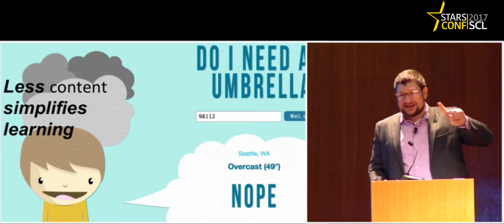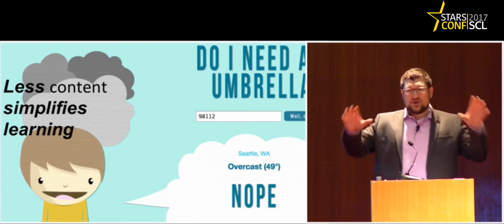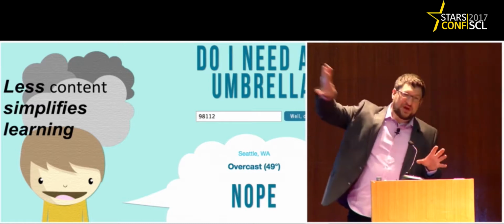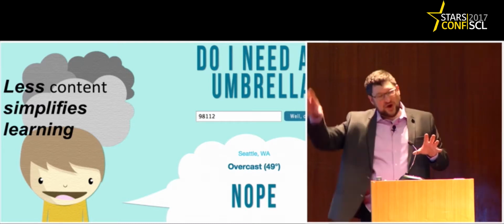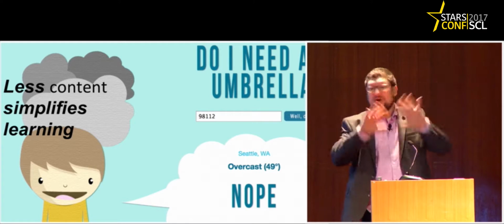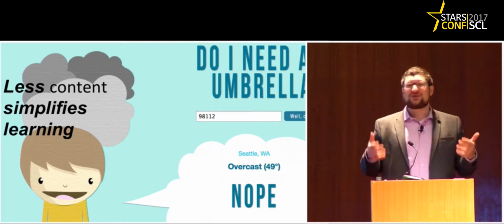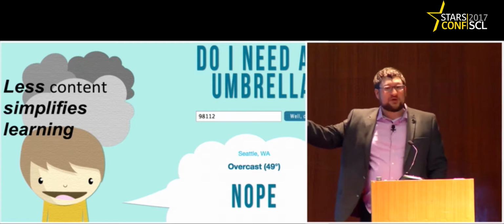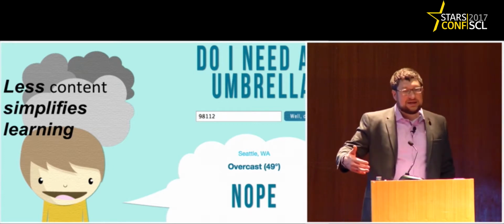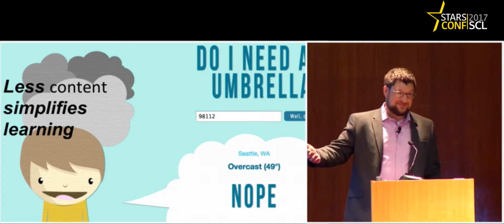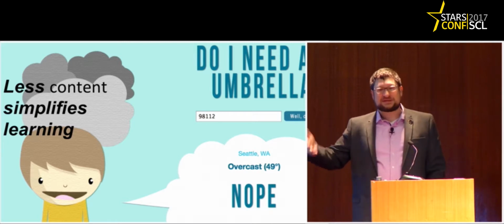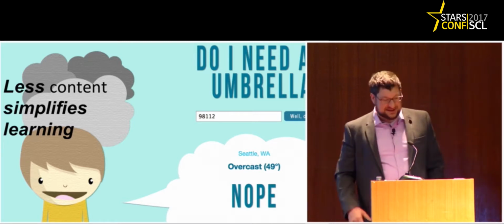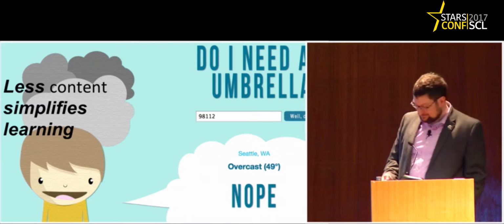If I'm already late and I'm in a hurry, I don't want the map with the low pressure zone coming in from the ocean, like, no, is it gonna rain? I just wanna know if it's gonna rain. This is a very valuable dashboard because it doesn't give me data, it gives me an answer. And that's what I need in that moment. I need an answer, this tells me an answer. Makes it easier to learn.